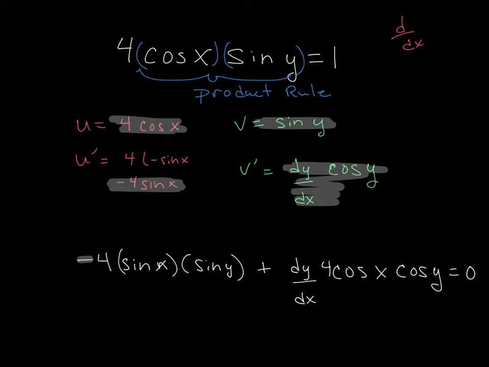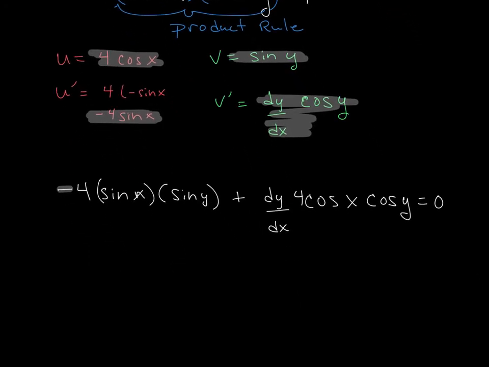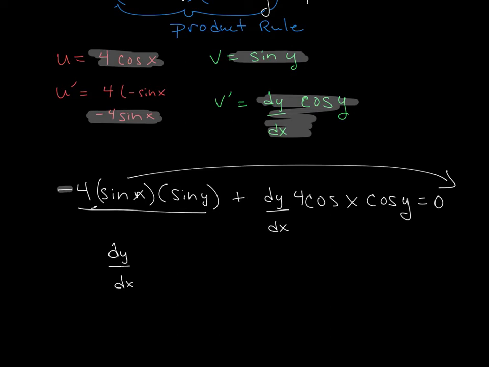Now, the same goal is to find dy/dx. So we're going to take this and move it over to the other side of the equation by subtracting from both sides. This leaves us with dy/dx times 4 cosine x cosine y is equal to 4 sine x sine y.